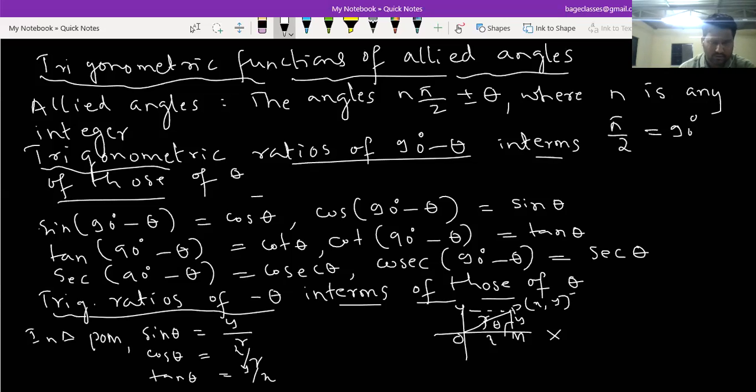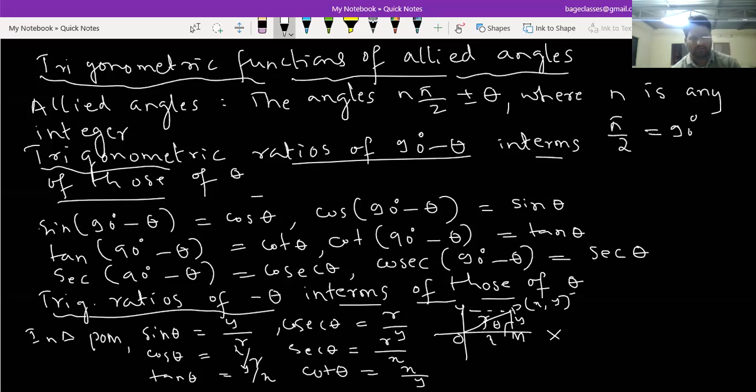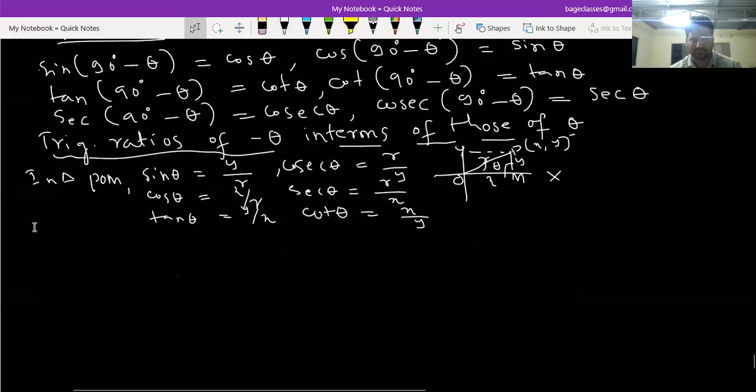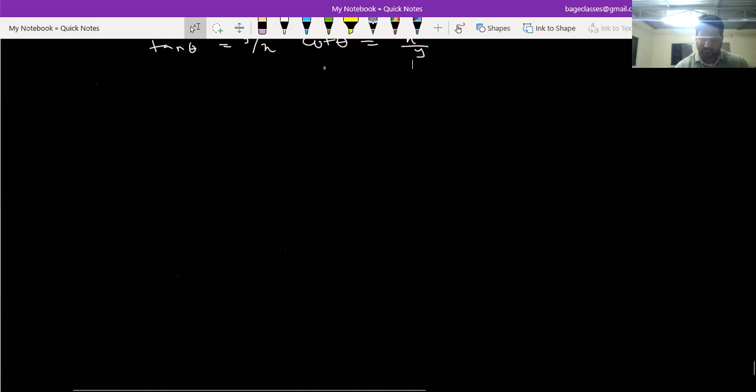And their reciprocals: cosec theta is the reciprocal of sin theta, so it is hypotenuse by opposite, sec theta is the reciprocal of cos theta, that is hypotenuse by adjacent, and cot theta is the reciprocal of tan, that is adjacent by opposite. This is about the trigonometric ratios in terms of theta. Now we have to find them in terms of those of theta. Now take again a right angle triangle.